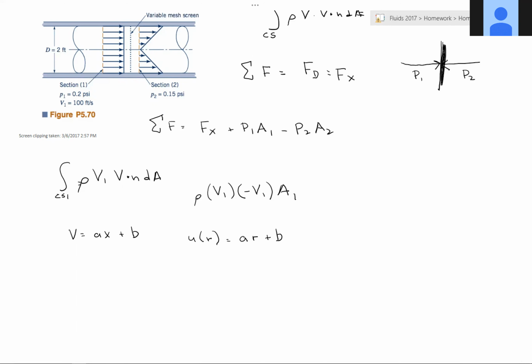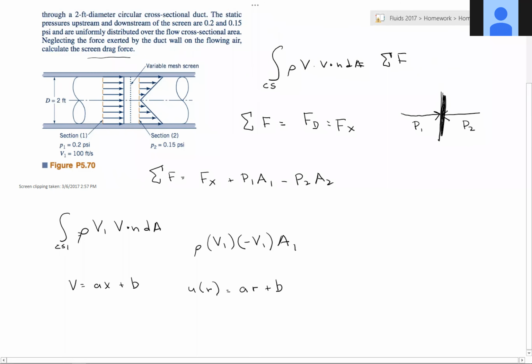So we have two unknowns. We have to have two equations. Take a look at this profile. What can you tell me about it in terms of its radius? And by the way, when we have a pipe, where does our R start from? The center. So this is R equals 0, and this is R equals R naught.